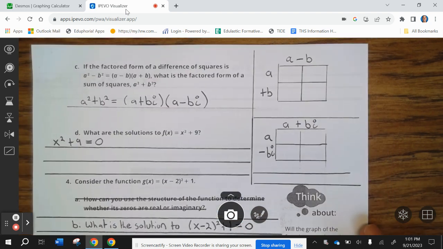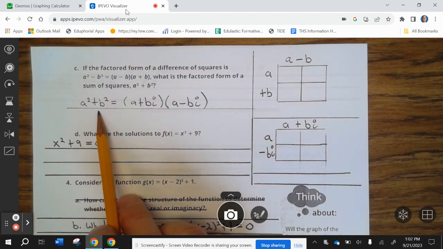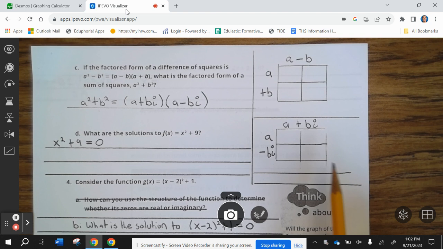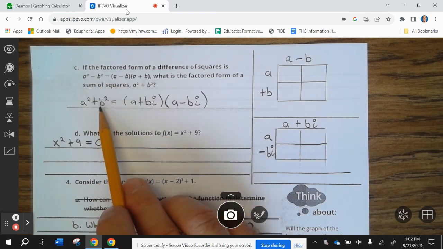All right. If the factored form of a difference of squares is a squared minus b squared equals a minus b, parentheses a plus b, what is the factored form of the sum of squares? So a squared plus b squared equals, and I'm going to show you how to get this.